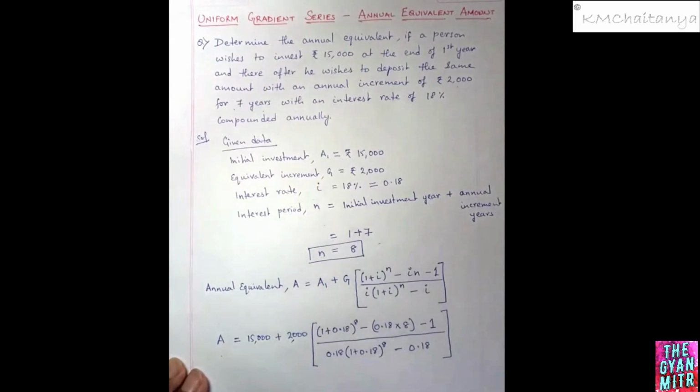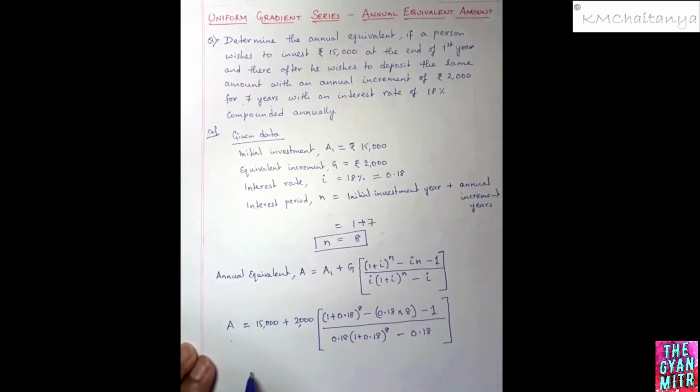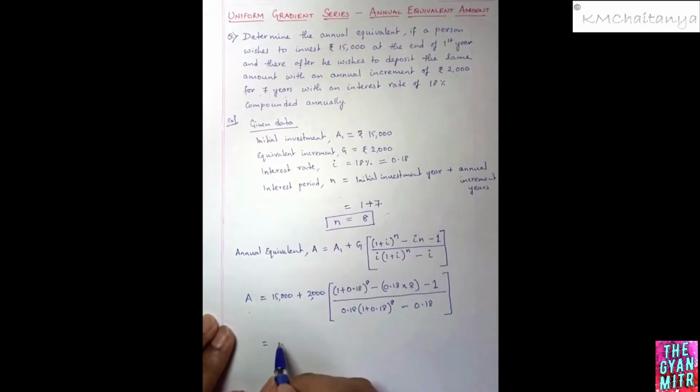So this is the equation, equal to 15,000 plus 2,000 multiplied by, we'll calculate the value of this whole equation.